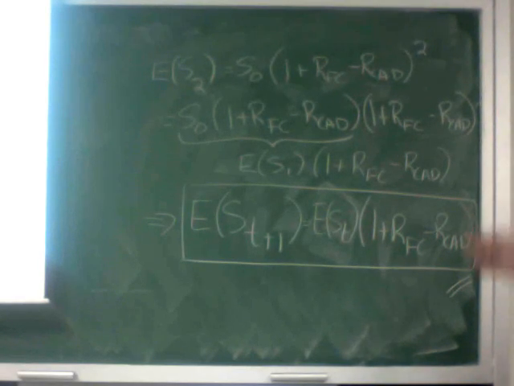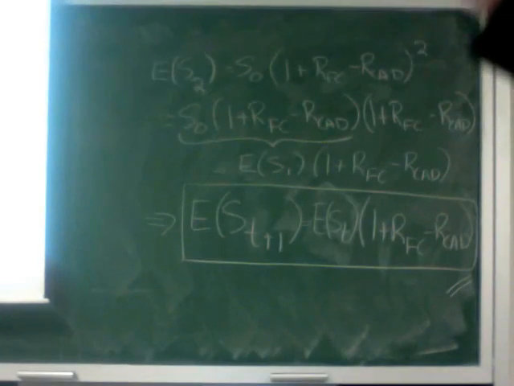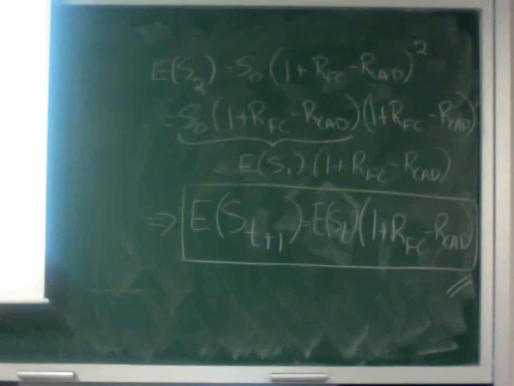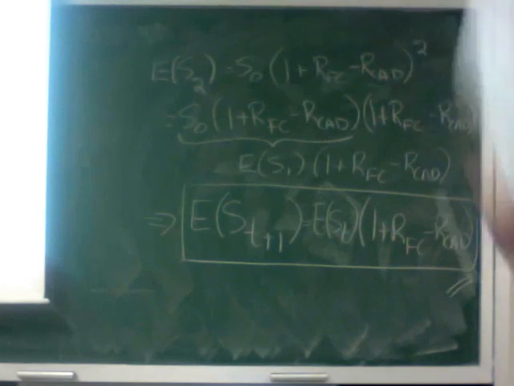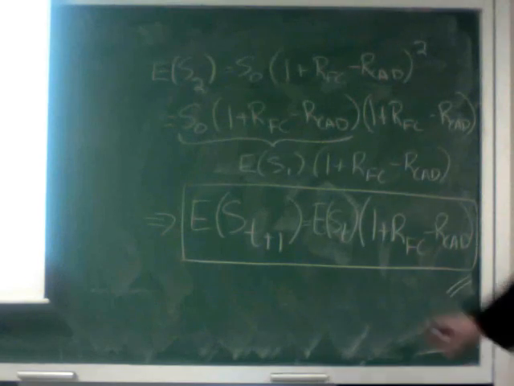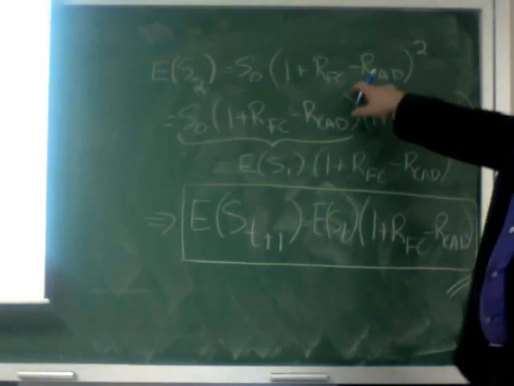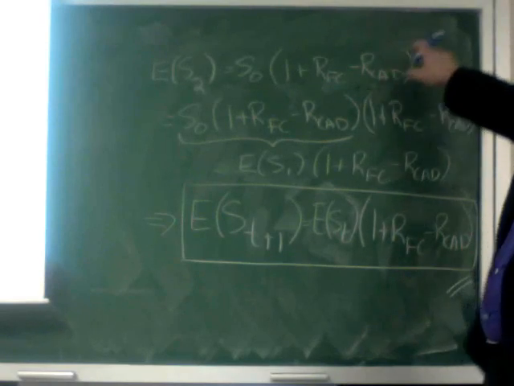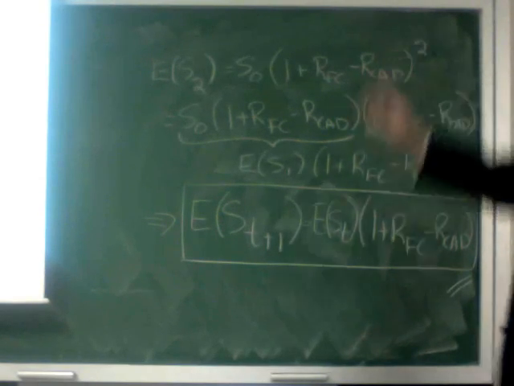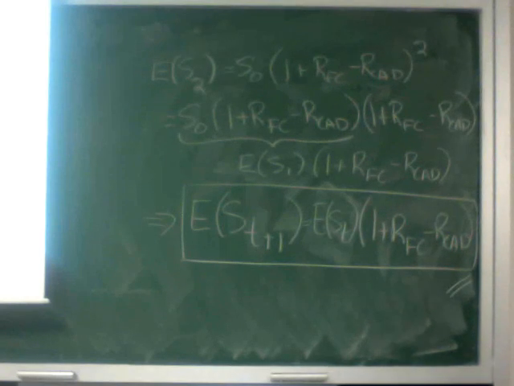The reason why that's useful is when you have to estimate the expected value of the spot rate a bunch of years from now, instead of having to do this to the first power, and then this to the second power, and then this to the third power, and this to the fourth power, all you do is take whatever it was for the year before and multiply by that.